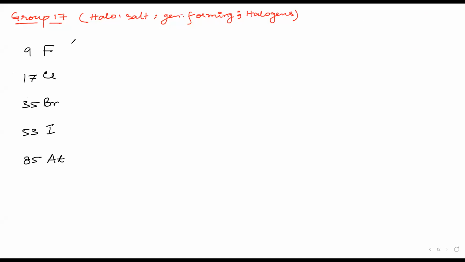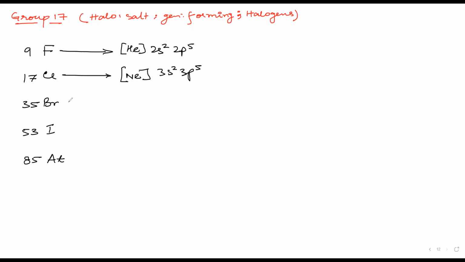Now please write this with me. We will write the electronic configurations. Fluorine will be helium 2s2, 2p5. Chlorine will be after helium comes neon, 3s2, 3p5.